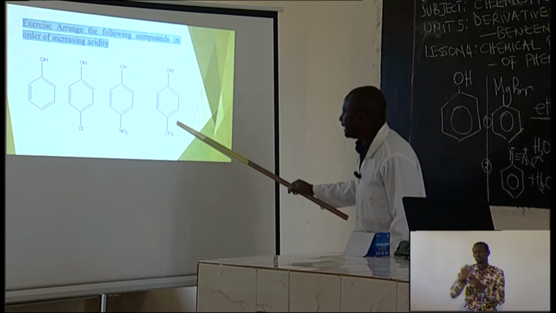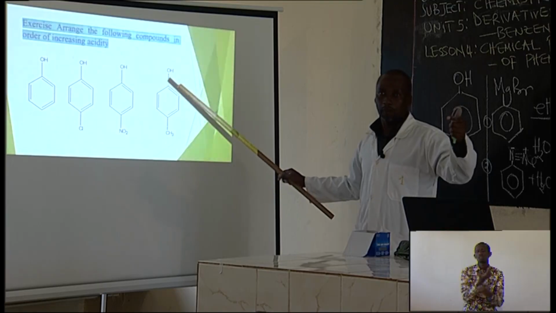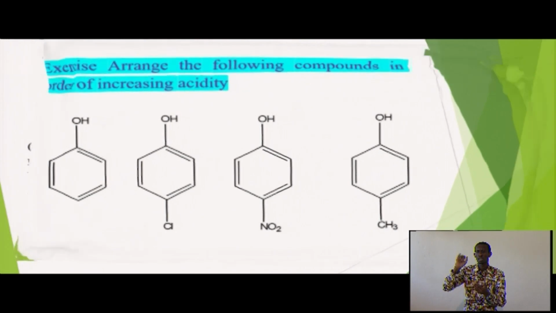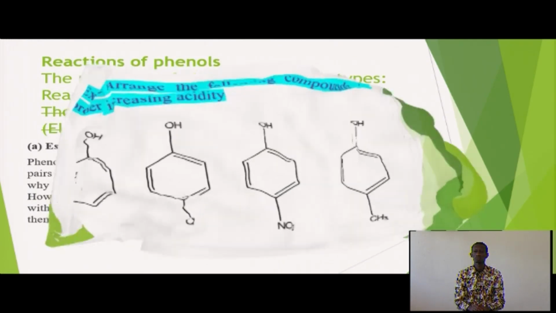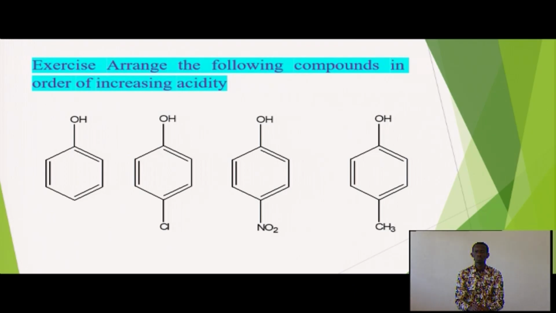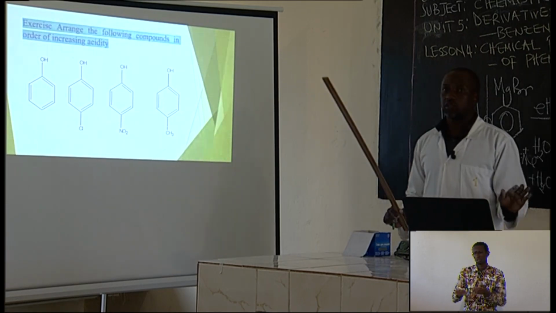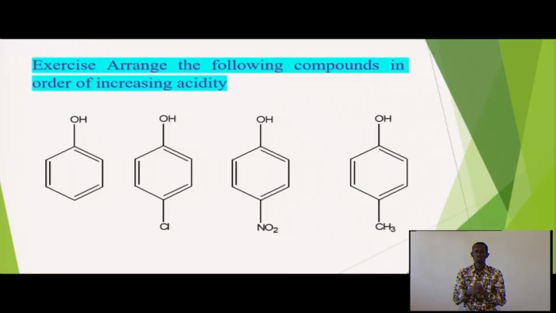This is the least, so that is the order. When you are starting, this is the least acidic, and then you look at the others depending on those groups. Arrange them in order and then finish. I've given you the hint: this is the first one, the least acidic, then followed by the others.